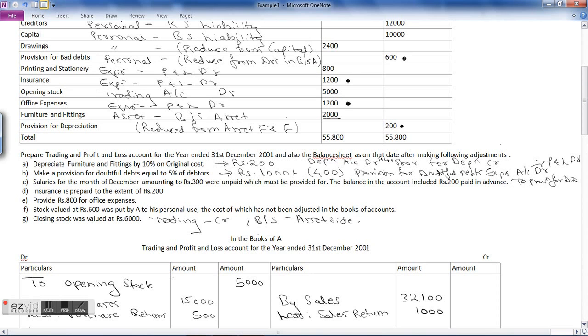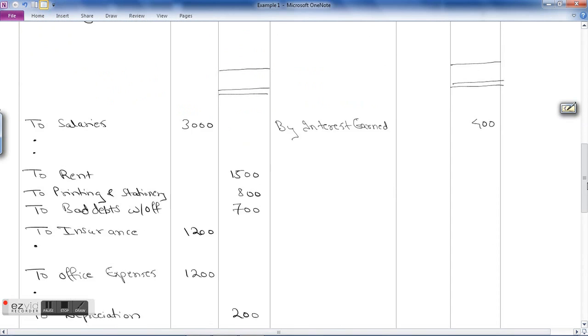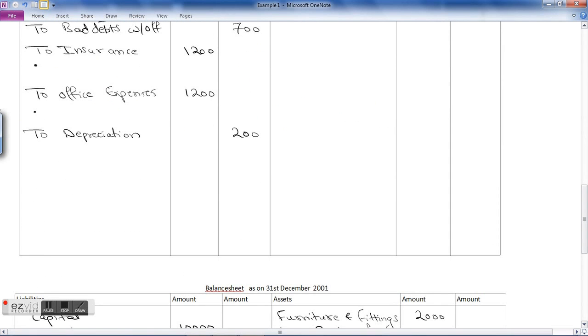So the first effect of that will be your profit and loss account debit side, to additional provision for doubtful debts. How much is it? 400, right?